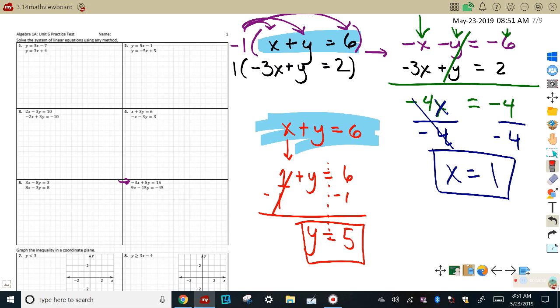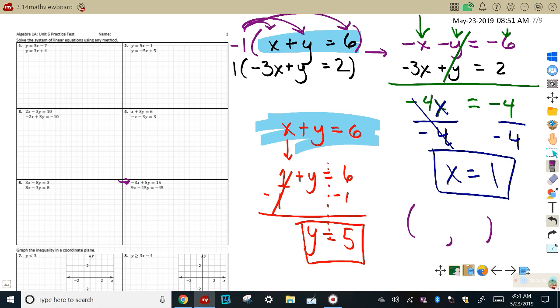To get full credit, I just need to say my answer in a particular way. Especially when you're doing state testing, or if you're going to take the SATs or the PSATs or the ACTs, I don't know which tests you might be taking in a few years, I have to write it in an ordered pair. How would I write these answers combined into an ordered pair? 1, 5.